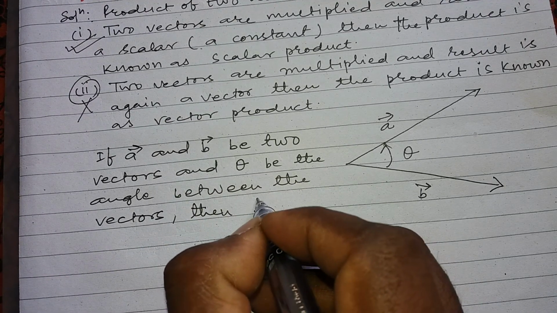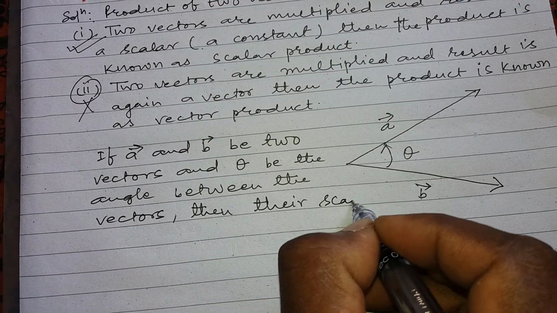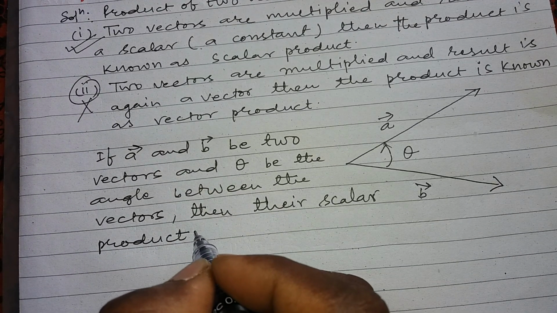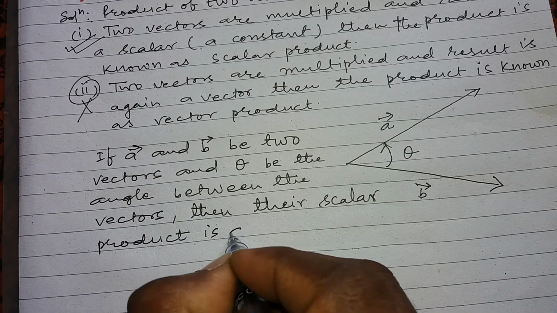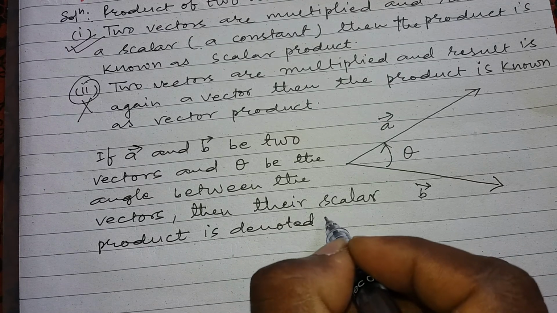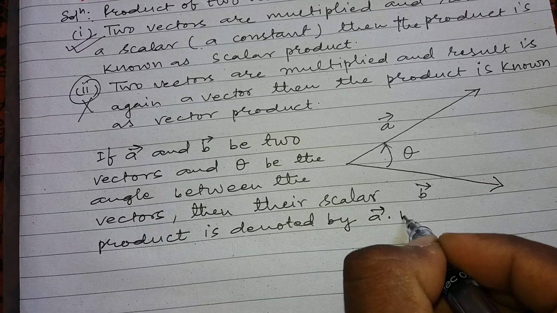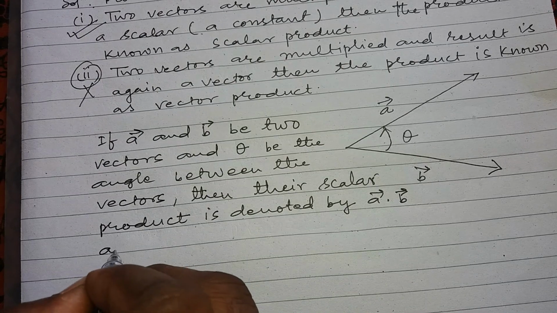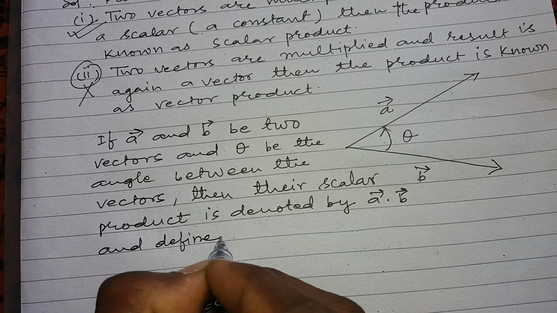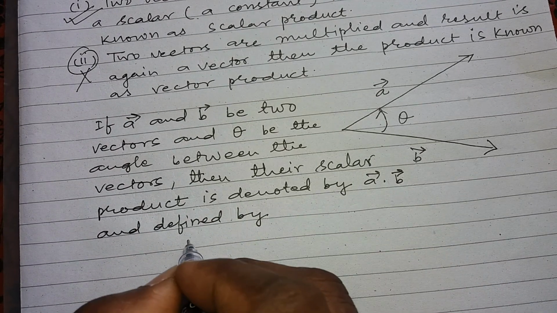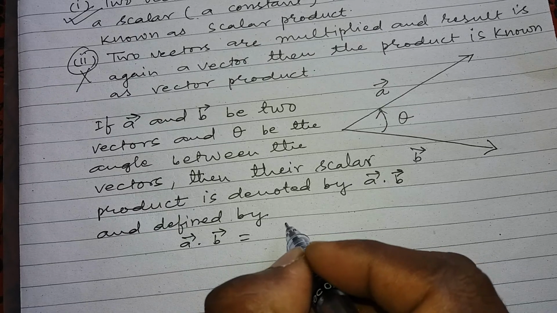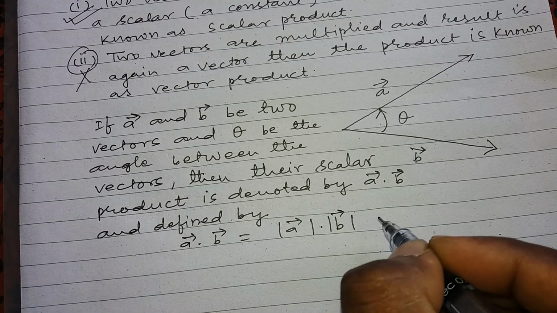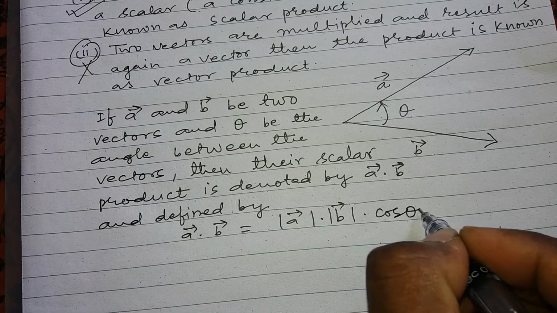their scalar product is denoted by vector A dot vector B and defined by vector A dot vector B equals magnitude of vector A times magnitude of vector B times cos theta.